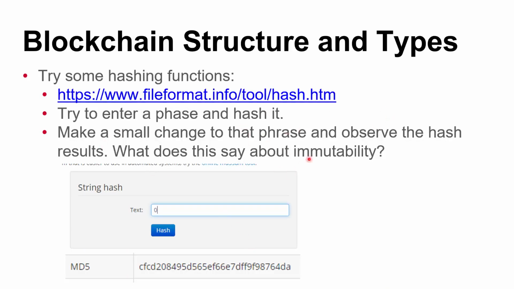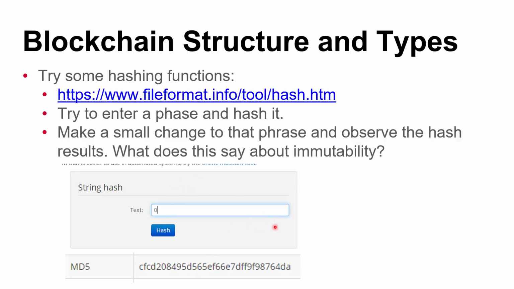A little bit about hashing: if you want to go out and try some hashing, here is one website that hosts a hashing application. There are many of these; you can just search. This is just one example. You can input a string, click the hash, and see the output of the hash.